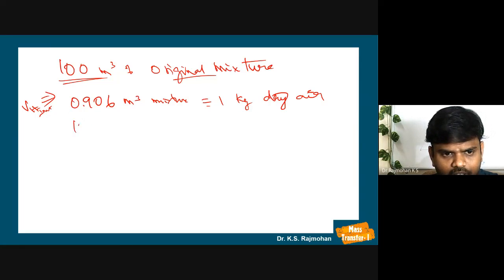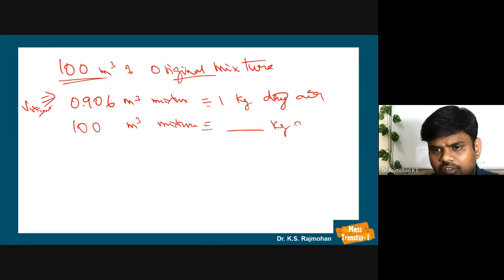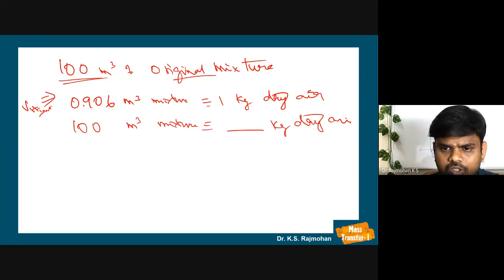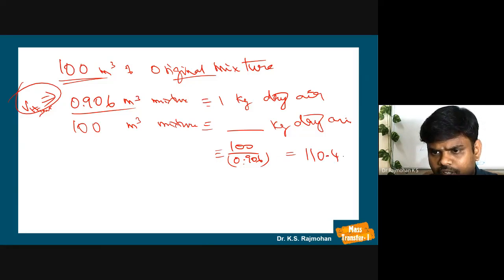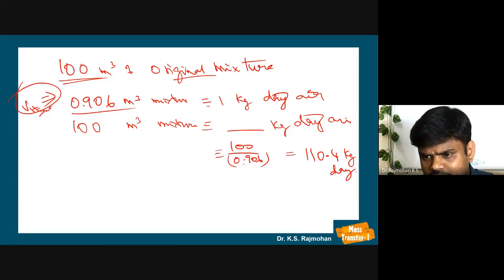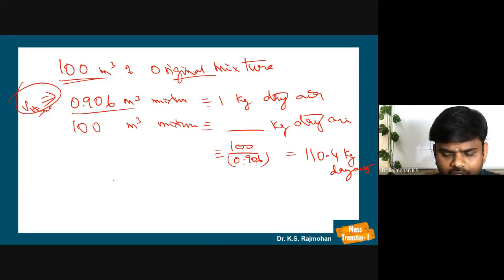So for 100 meter cube of mixture, how much dry air will there be? Obviously it is 100 divided by 0.906, whatever is your VH value. I used 0.906, what I got. So you substitute your VH value here. 100 divided by 0.906, I get 110.4 kg dry air. So this is the amount of dry air we have.